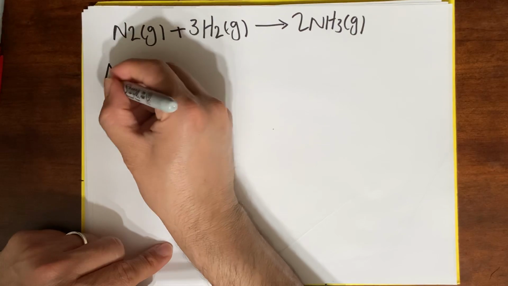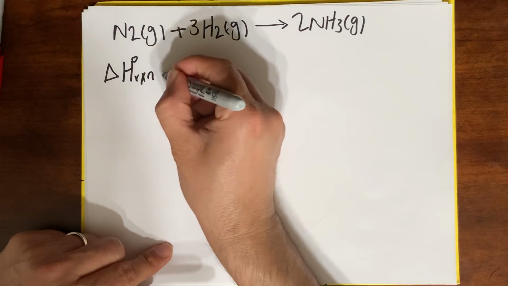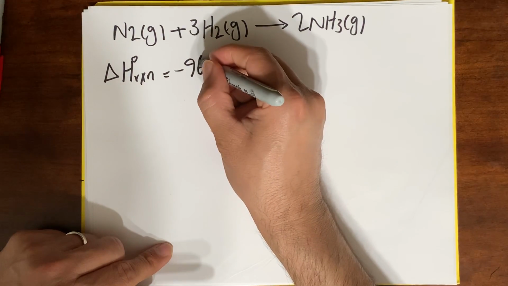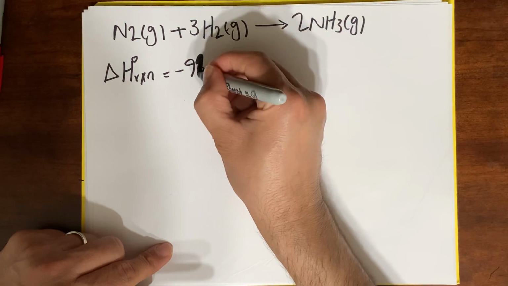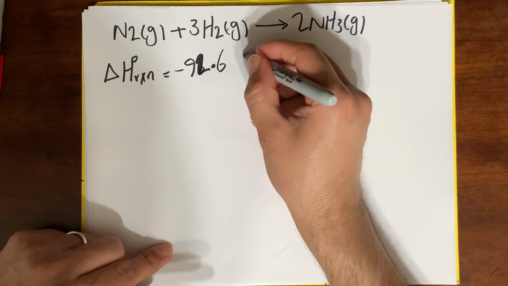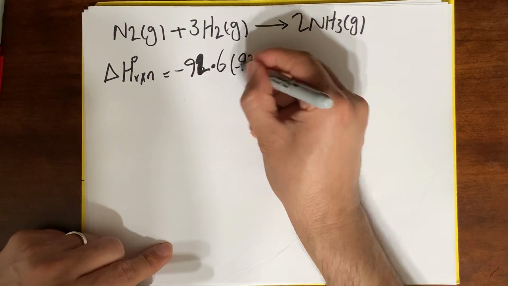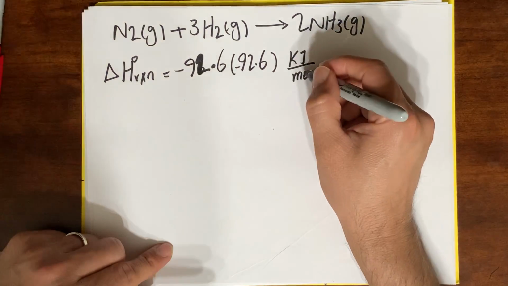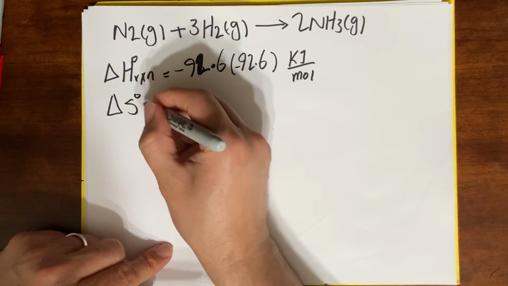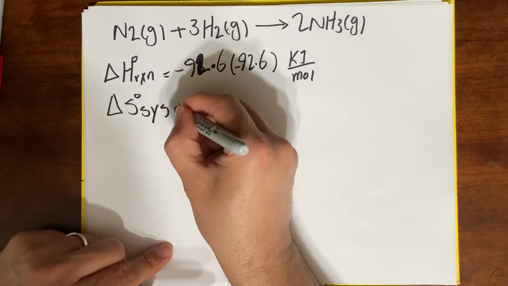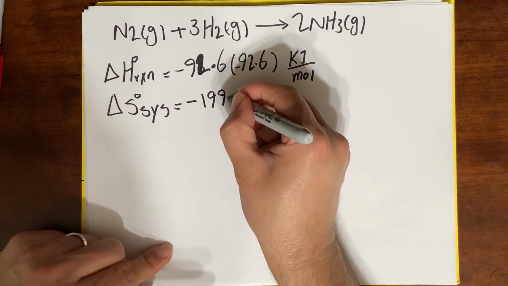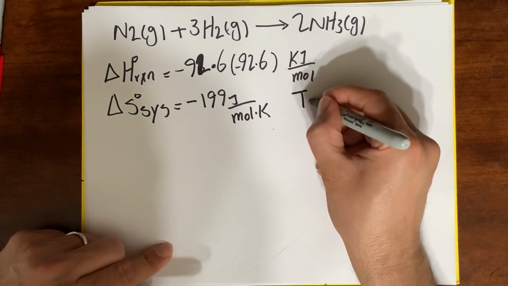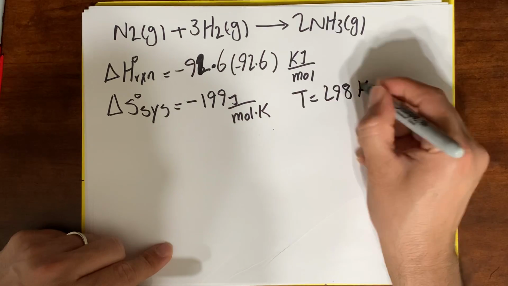Delta H of this reaction is equal to minus 92.6 kilojoule over mole. Delta S of the system is minus 199 joule over mole Kelvin, and the temperature is 298 Kelvin.